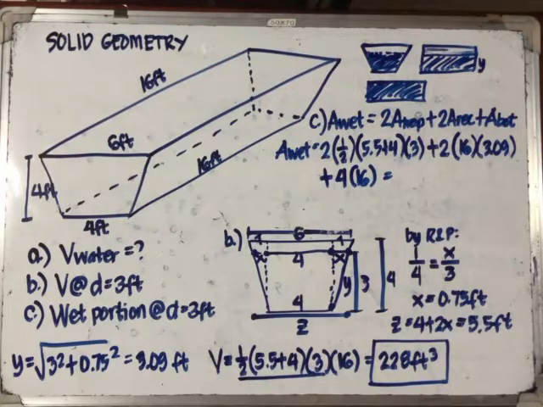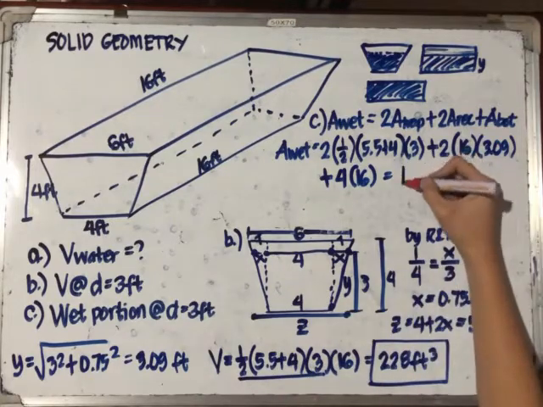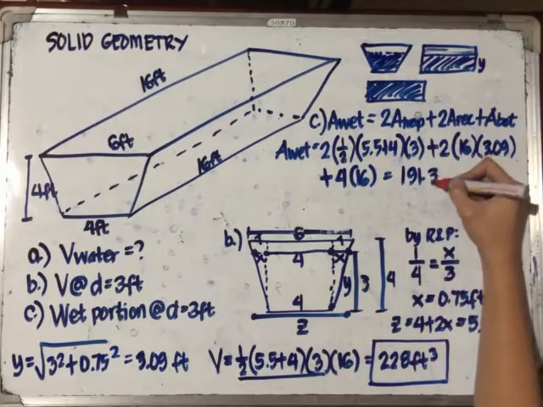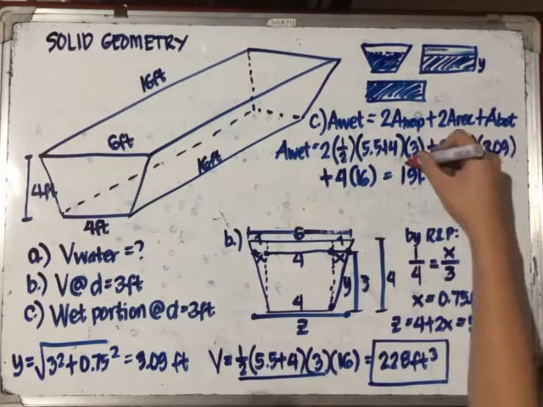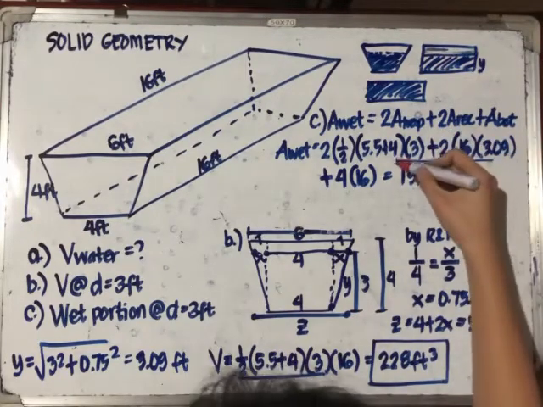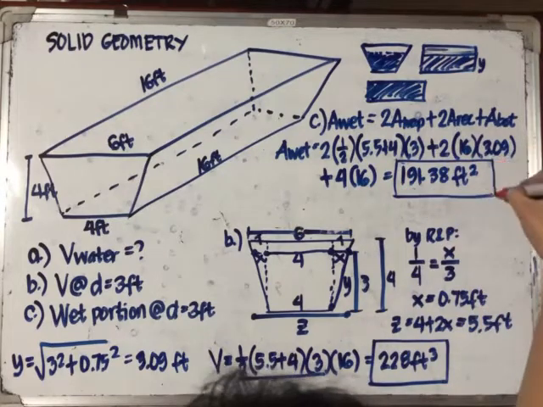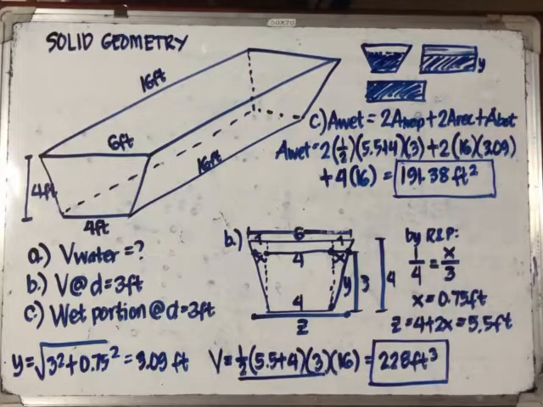Okay, that should give us 191.38 cubic square foot area of the wet portion. Right? So, basic principles of plane geometry will still help you to compute for solid geometry problems.